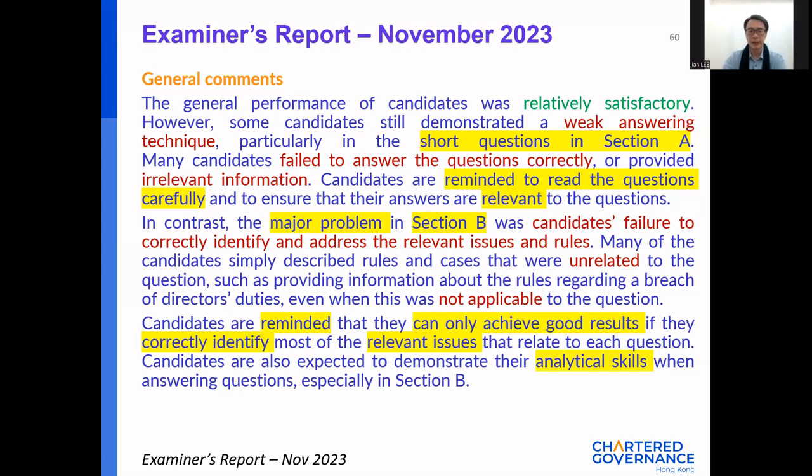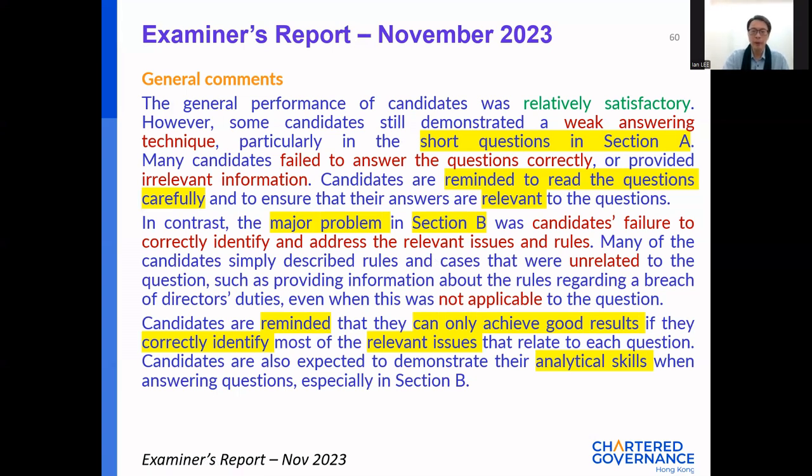So the biggest difference is, I guess, in the previous diet, they improved their answers for section A, but they seem to have the same problem or similar problem for section B. So many of the candidates simply describe rules and cases that were unrelated to the question, okay? Such as providing information about the rules regarding a breach of director's duties, even though this was not applicable to the question. So it's similar, but not exactly the same problem.